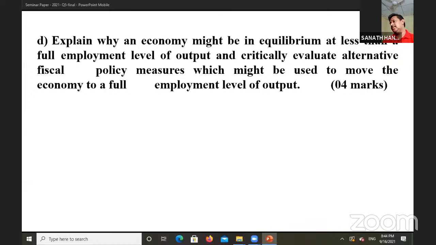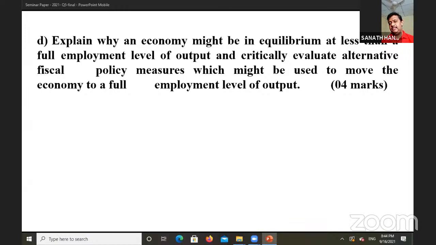Look at the next section, from unit number 6. Explain why an economy might be in equilibrium at less than a full employment level of output, and critically evaluate alternative fiscal policy measures which might be used to move the economy to the full employment level.